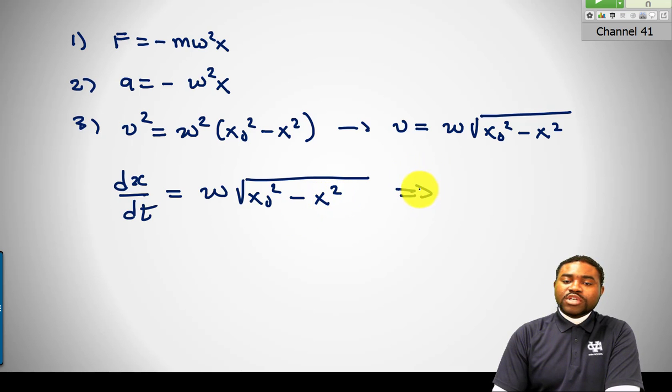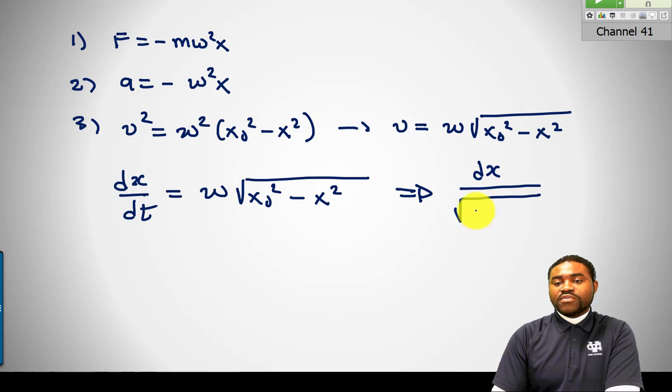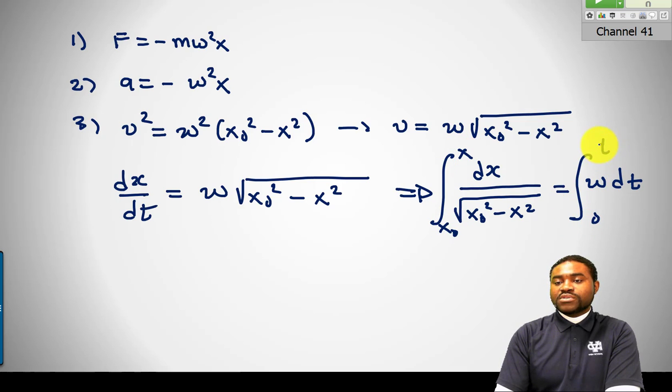If you separate the variables, you will have dx all divided by the square root of x naught squared minus x squared equal to omega dt. You can now integrate from x naught to x. You can integrate from 0 to t.